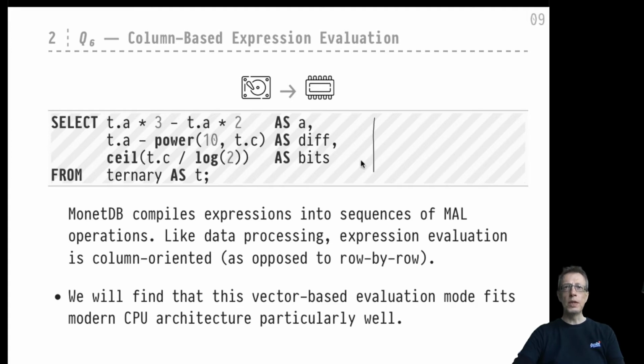All of this should be no surprise to you, because expression evaluation has to fit with the philosophy of the overall architecture of the column-oriented MonetDB. We will see that this is really one of the strong points of the system.